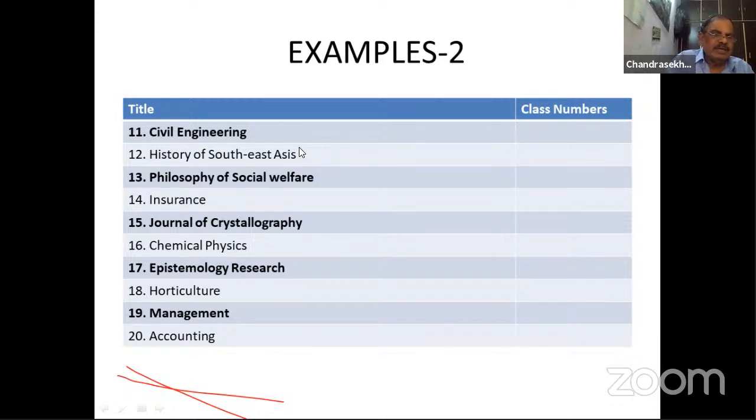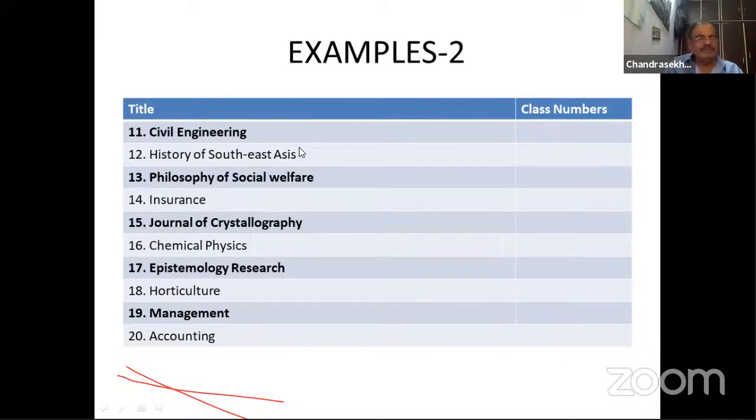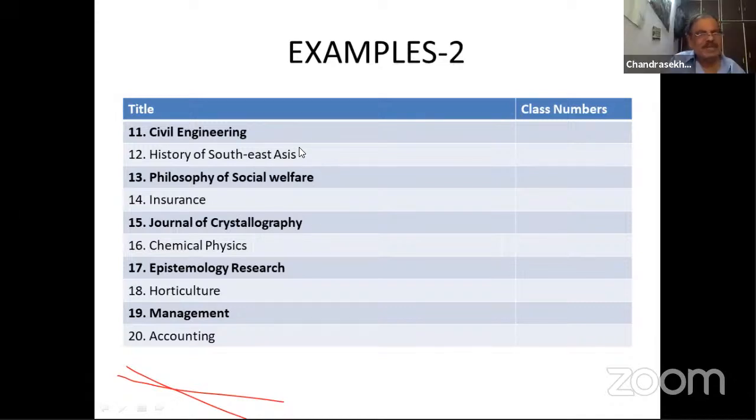Then horticulture. This is an aspect of agriculture, 630. 635. Direct number is there. Horticulture, direct number. So what is horticulture? Garden crops. Yes, garden crops.